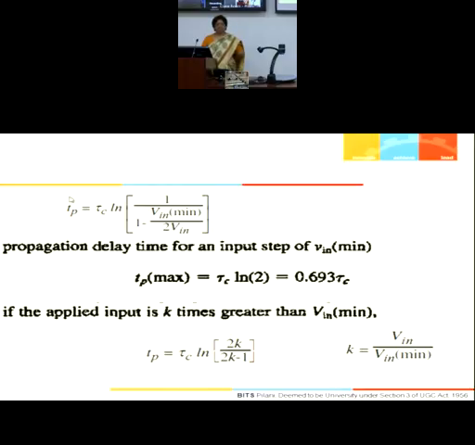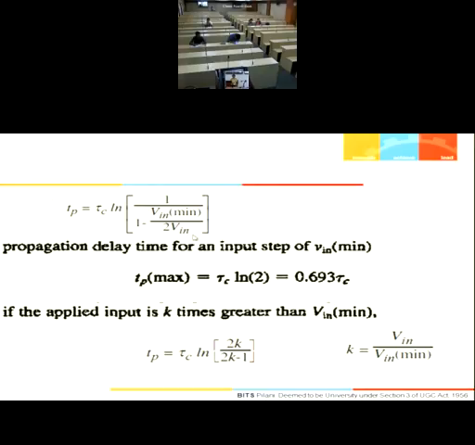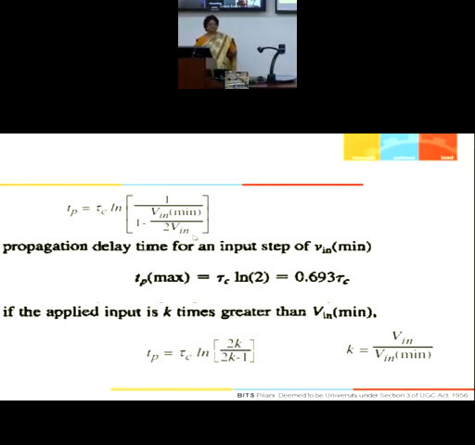The expression for TP for the 50% value at the output is given by this expression. I have got an expression for propagation delay. This is for linear mode of operation.